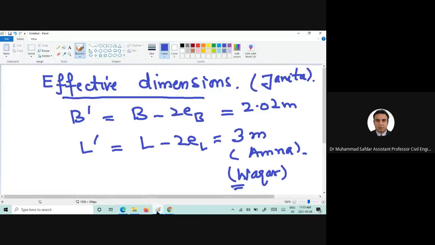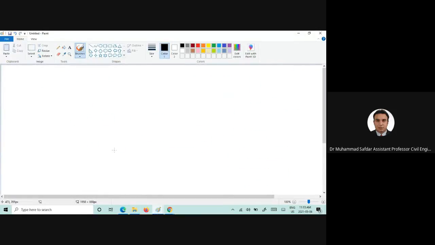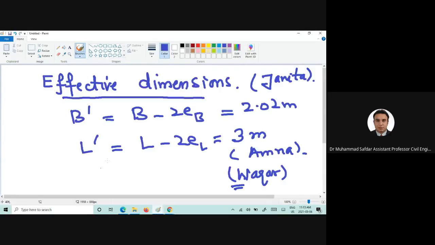And as Usman said, we need to have a check here as well. As you can see, B prime is less than L prime, so it's okay. You don't need to swap the values here because the B prime value is less than the L prime value.